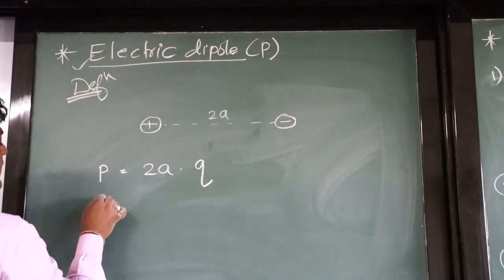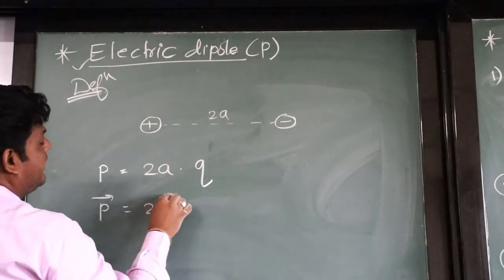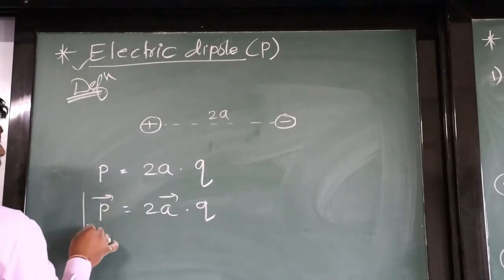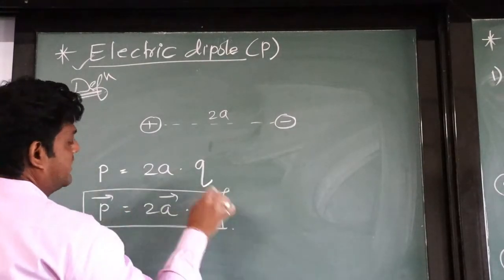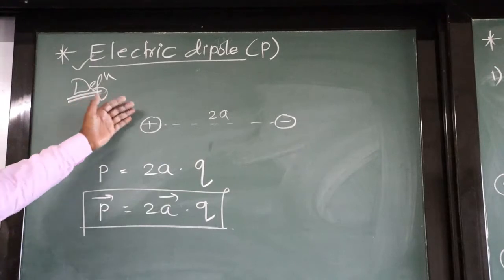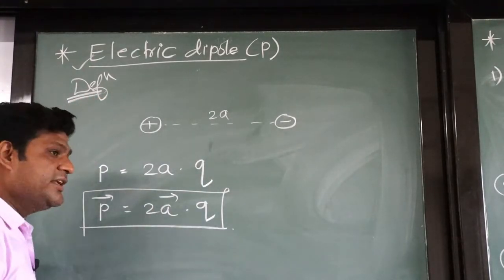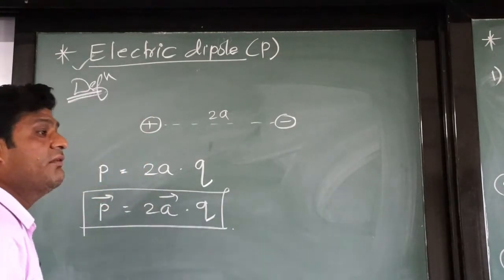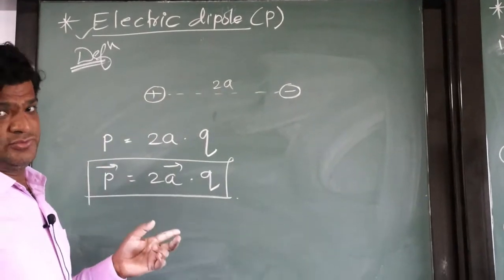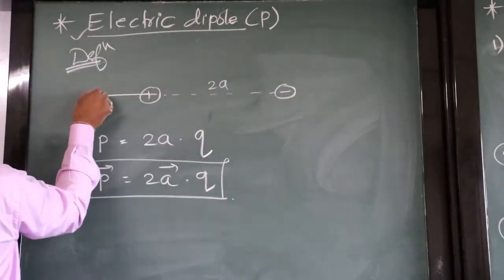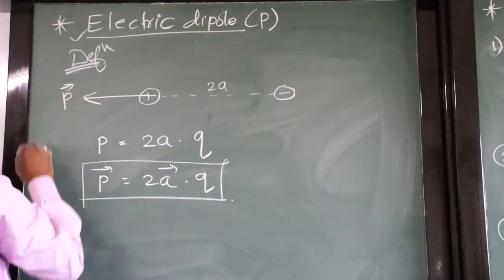In vector form, we write P vector equal to 2a vector into q. Since it is a vector quantity, what is the direction of the electric dipole? It is always from negative to positive. This is the direction of the P vector.